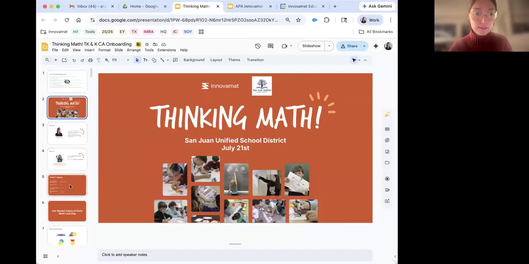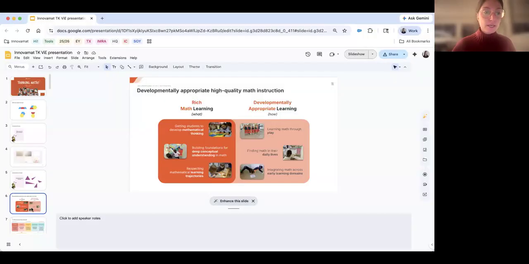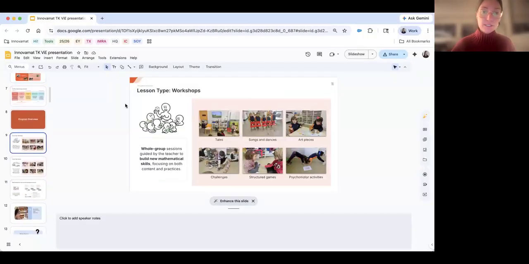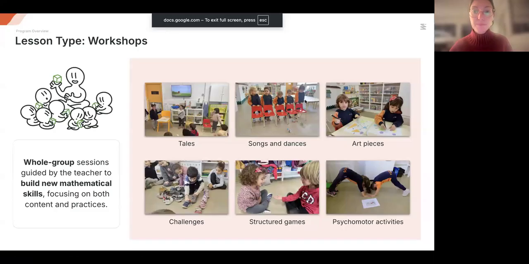I think it may be useful if I show you some pictures of students to give you a better sense of what a workshop actually looks like.